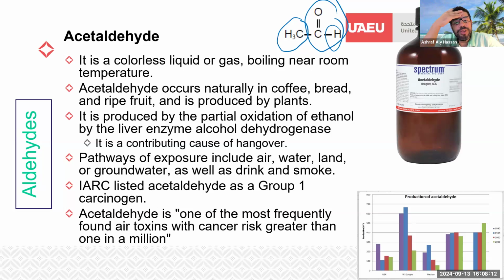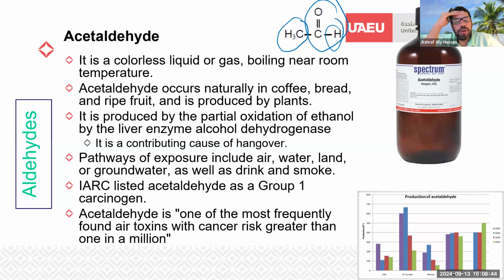Acetaldehyde occurs naturally in coffee, bread, and fruits, and is also produced by plants. It is produced by the partial oxidation of ethanol by the liver enzyme alcohol dehydrogenase. For the people who drink alcohol, when they wake up the next day and have this very, very bad headache, that's actually not caused by the alcohol, but by the acetaldehyde as a byproduct of the alcohol.